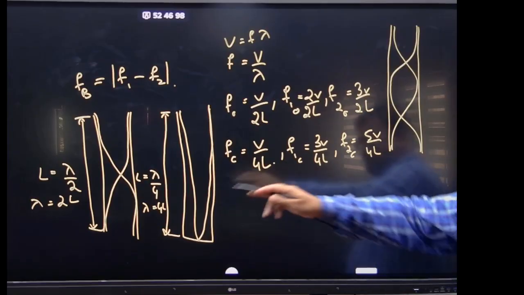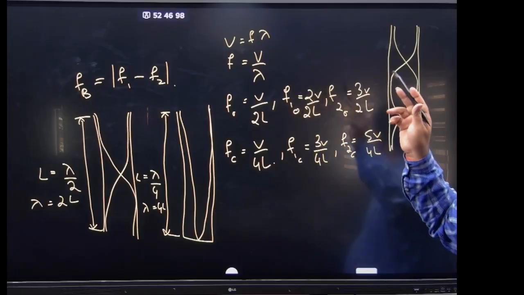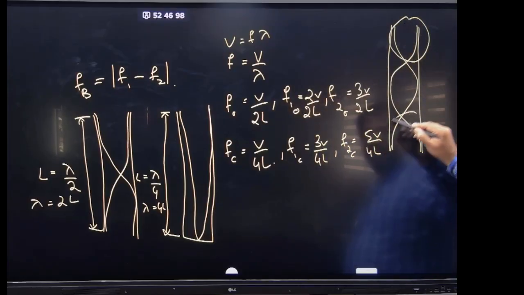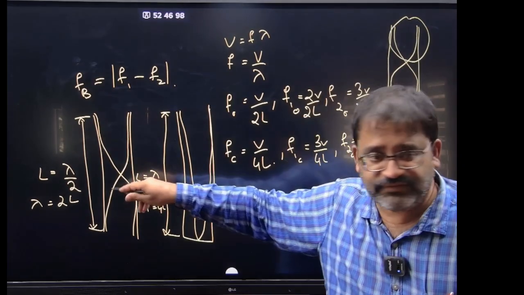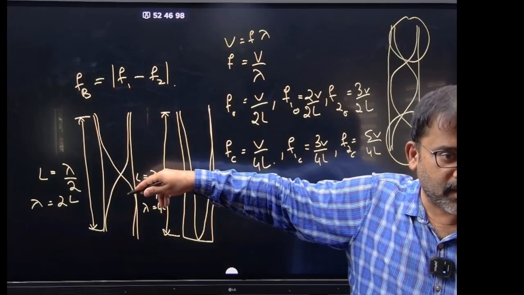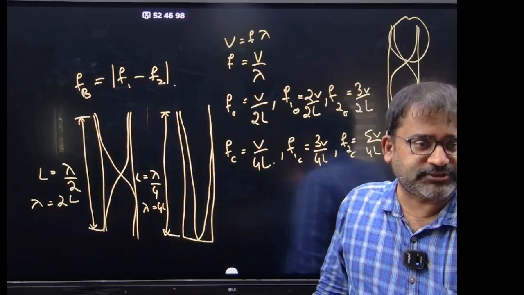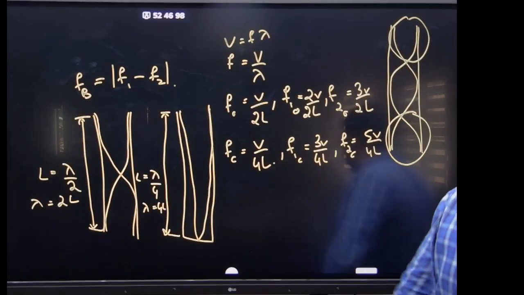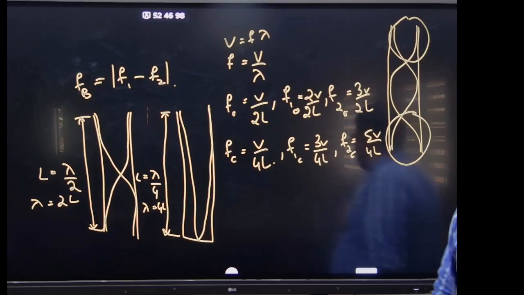In this second mode of vibration, this part and this part are the repetition of this vibration, correct? But there is one extra wave or part of a wave created. So this is called the first overtone.